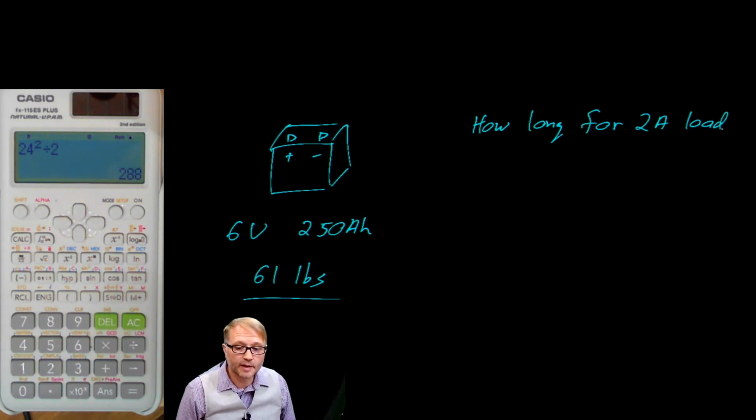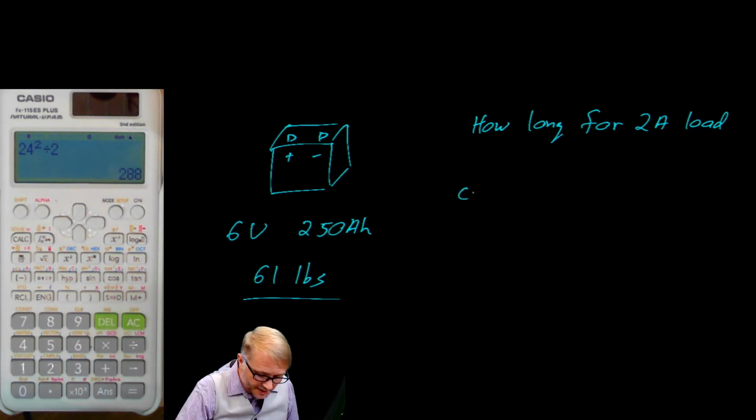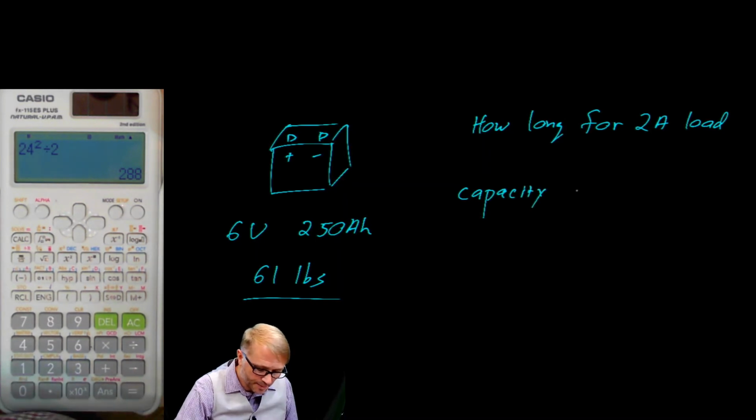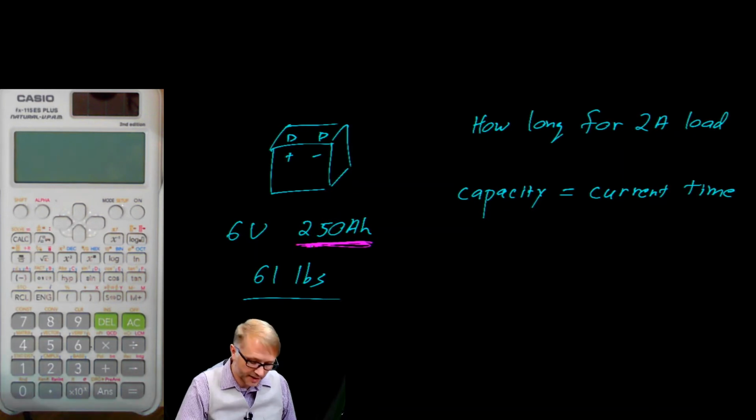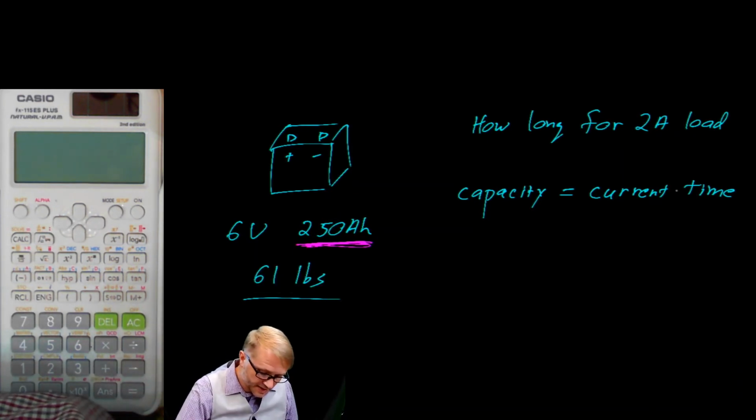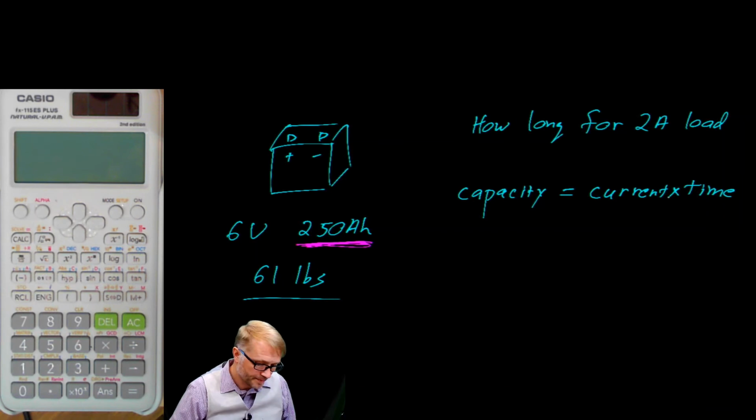Something you need to know about batteries, and that is that the capacity of a battery is the product of current and time. But you already knew that, because right here, when we talked about the battery in terms of amp hours, again, it's a current and a time, product of current and time.